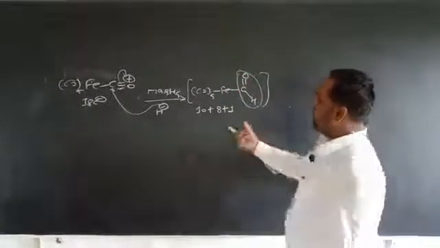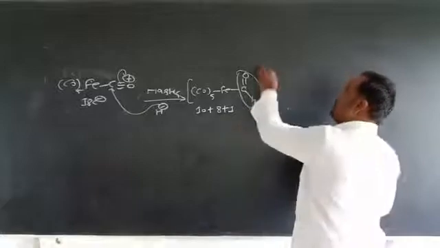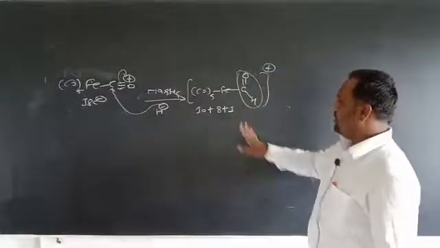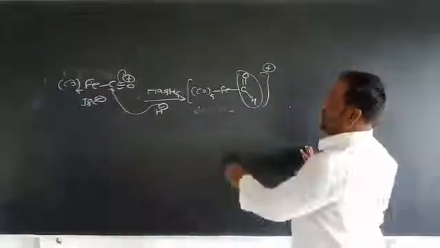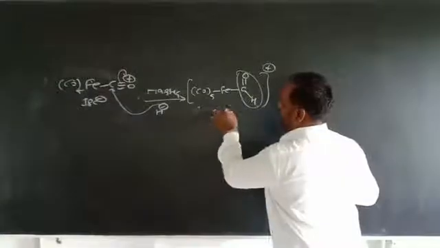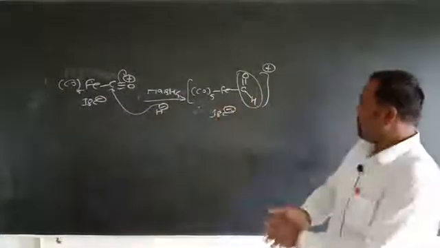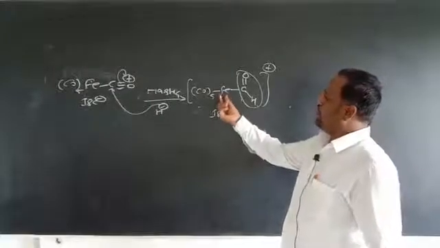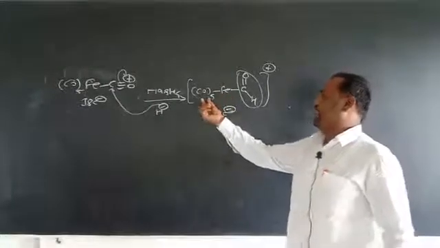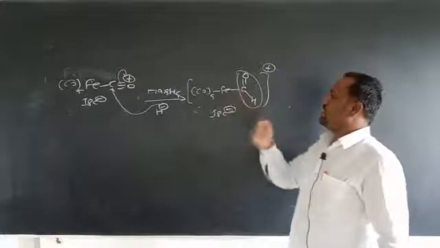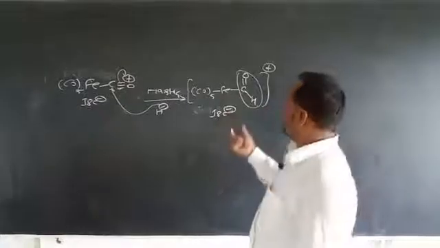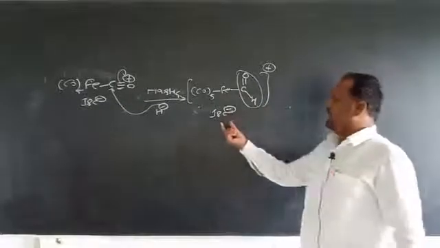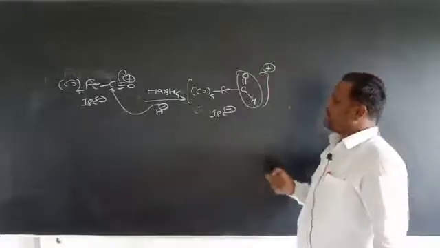So total 19 electrons. So the complex has a net positive charge to get 18 electrons. Fe contributes 8 electrons, carbonyl contributes 10 electrons, total 18, and this aldehyde contributes 1 electron, so total 19 electrons. To get 18 electrons, the complex has a positive charge.